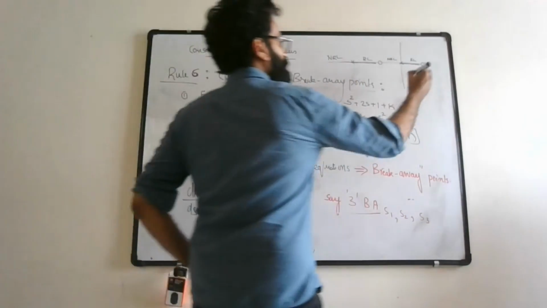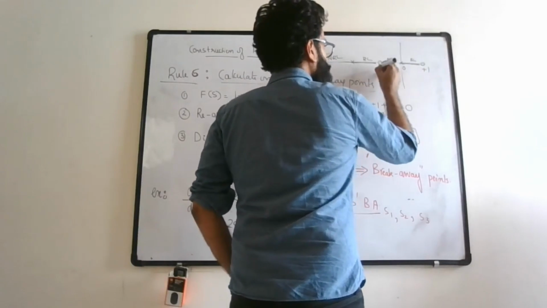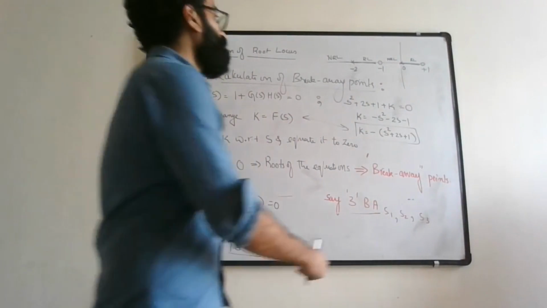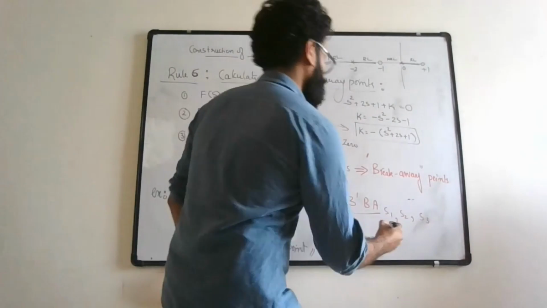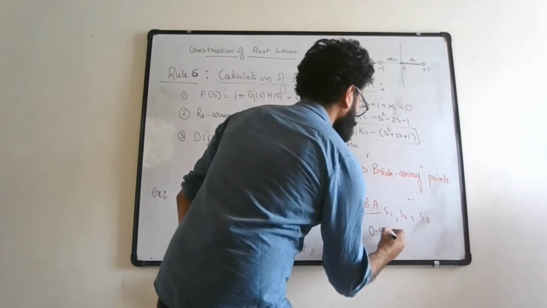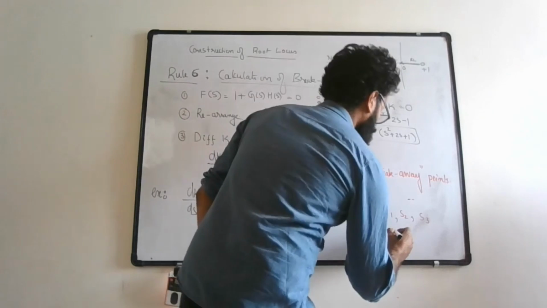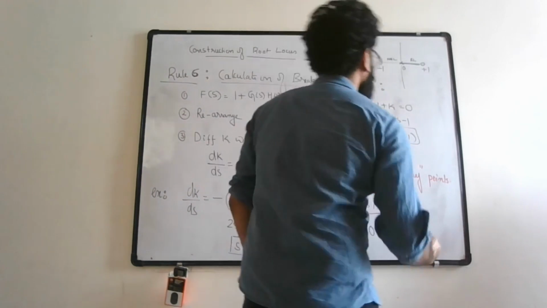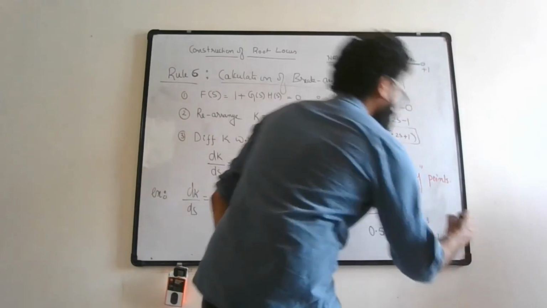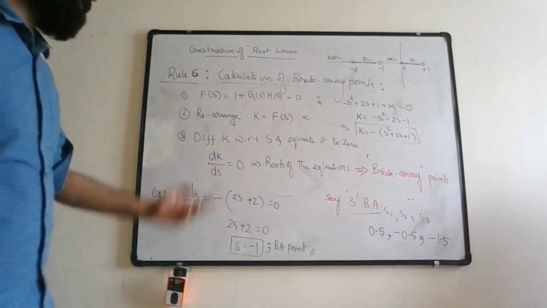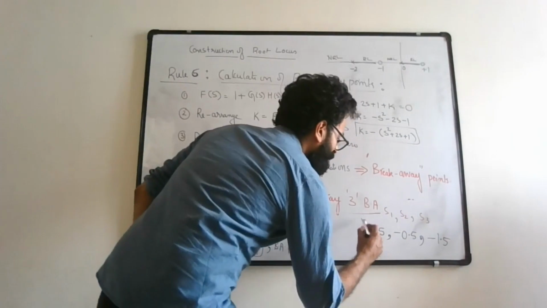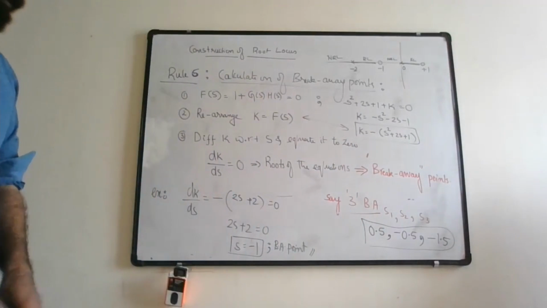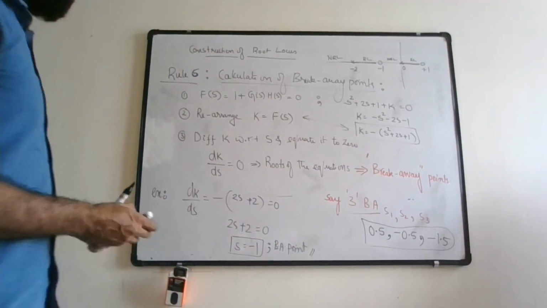Let's say these are at plus 1, the origin, minus 1 and minus 2. And let us say our breakaway points are 0.5, minus 0.5, minus 1.5, which we get when we differentiate and equate to 0. Now, how will you check the validity?